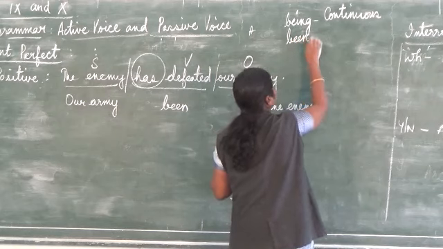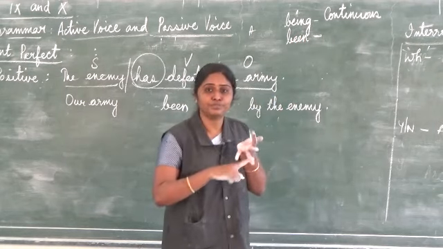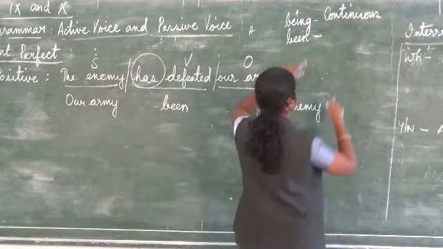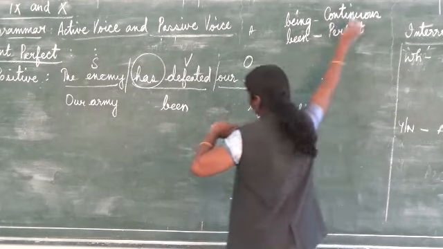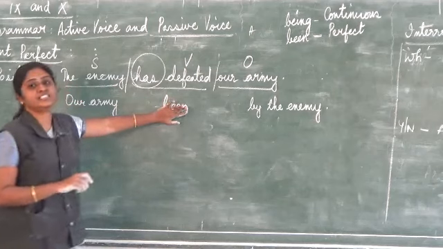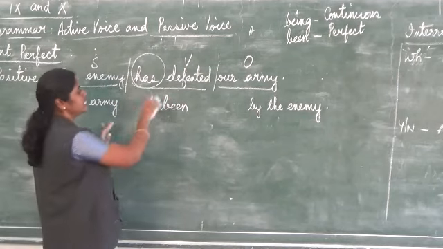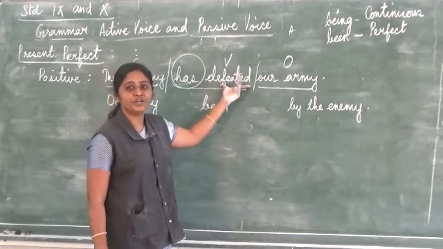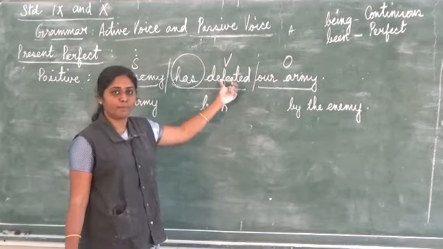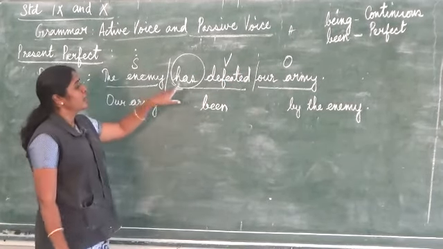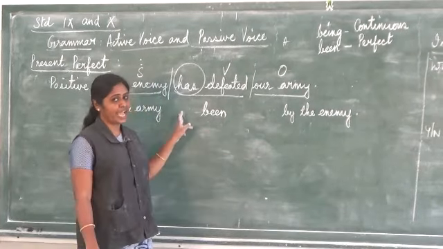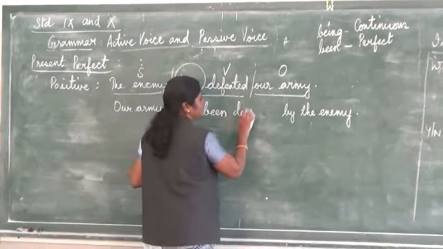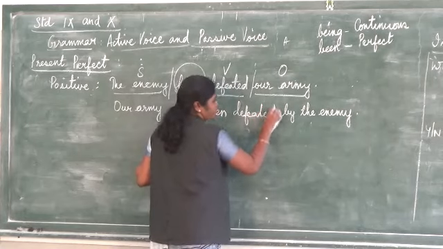Same way for perfect tenses, present perfect, future perfect, past perfect, you have to use been in passive form. Okay, so now first we have written this been. Now if you see in the question itself already this main verb is in past participle form. Okay, and the possible answer is has been defeated or have been defeated. This defeated is also the same only.